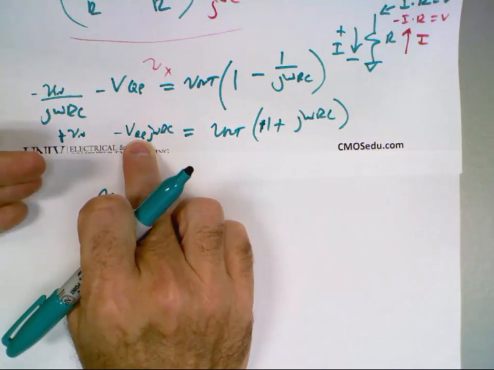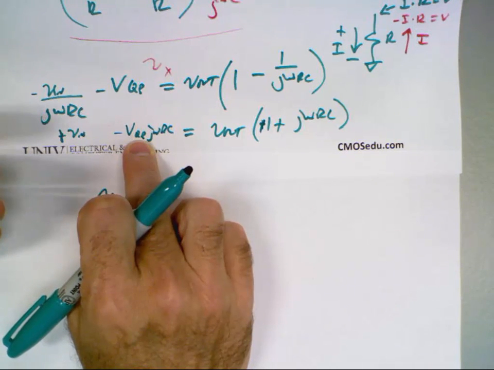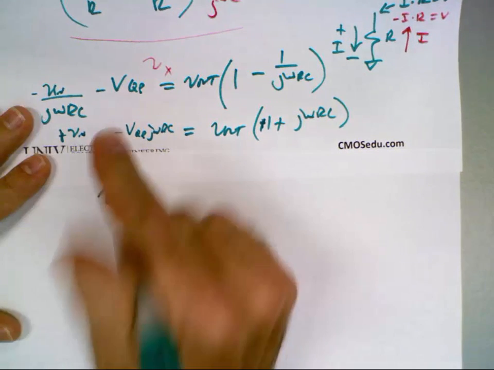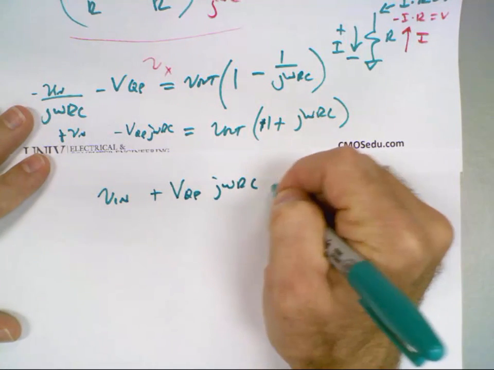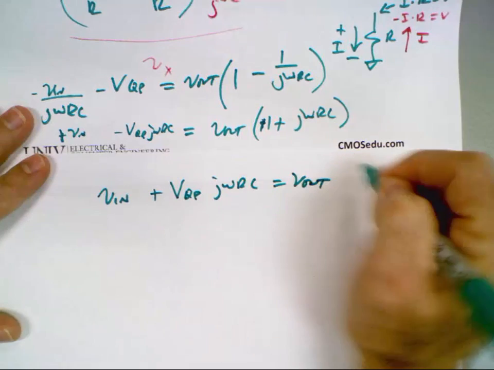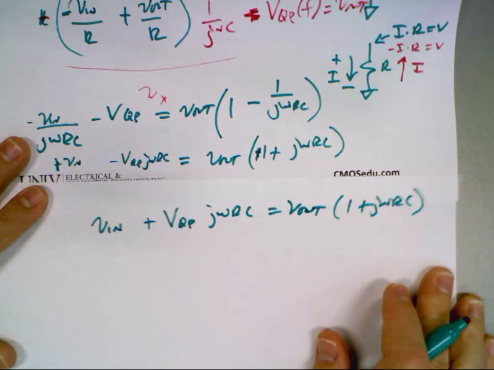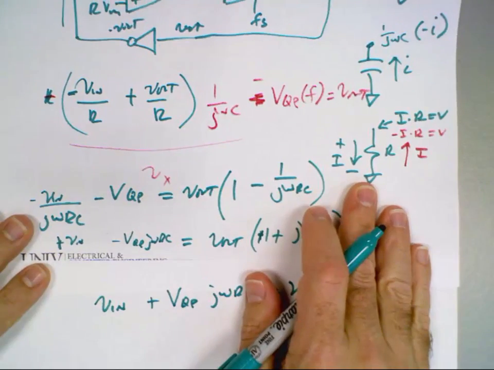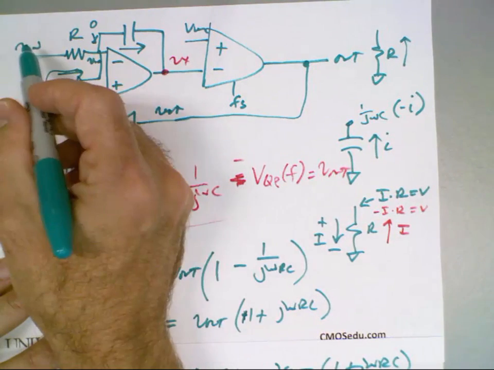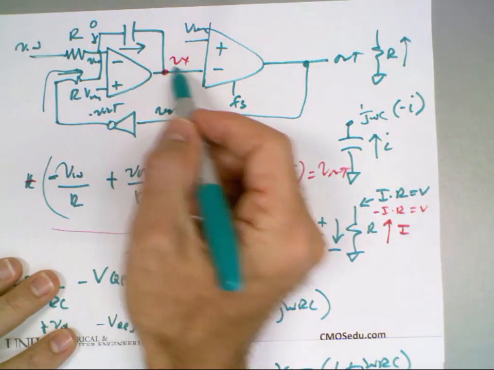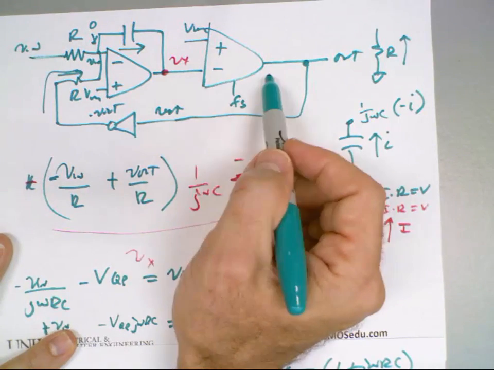Because it's a random variable, it's going to be sometimes above 0, sometimes below 0, but since it's random, it doesn't make sense to say it's minus VQE. So plus VQE times j omega Rc equals V out times 1 plus j omega Rc. No, because minus V out and V in, and it goes in here, which is correct, but once it goes into the minus terminal here, it gets inverted again.